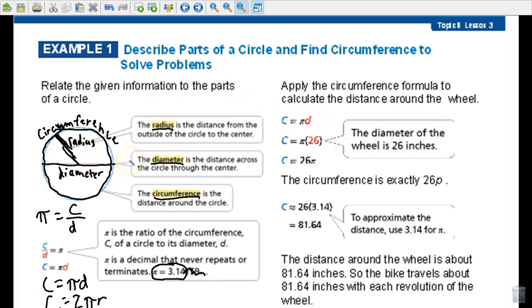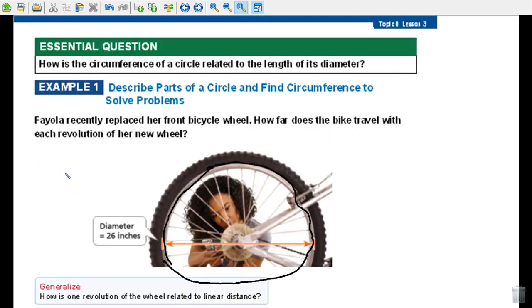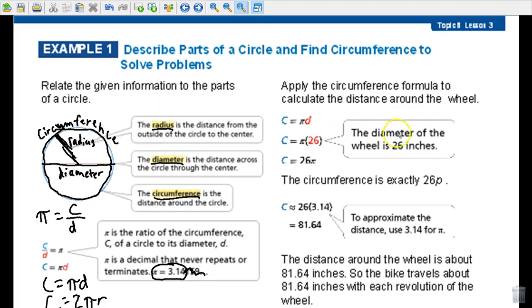So all they're doing to find the circumference of this tire or the wheel is pi times d. The d, if you remember, was 26. Diameter equals 26 inches. So pi times 26, or 26 pi, doesn't matter. So they do 26 times 3.14, and that gives you an answer.